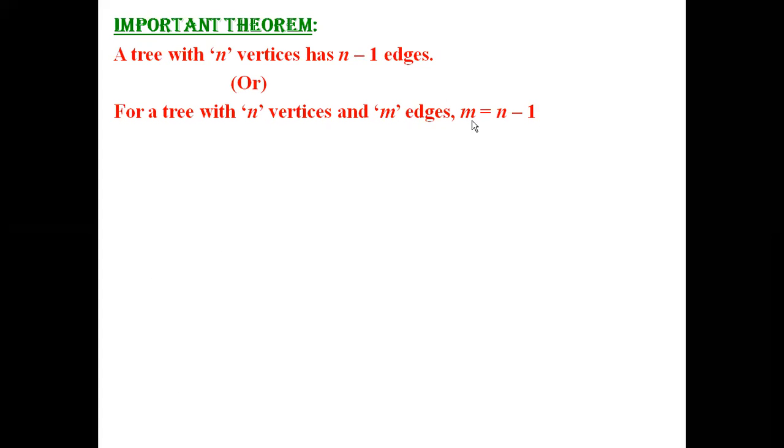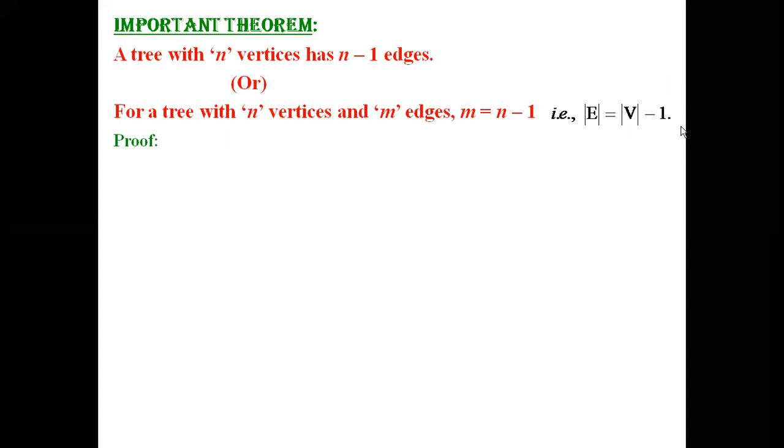M is the size of the tree and n is the order of the tree. N stands for the number of vertices in the tree and m is the number of edges in the tree. So any tree with n vertices and m edges always satisfies m equal to n minus 1. Alternately, it can be written as cardinality of E equal to cardinality of V minus 1.